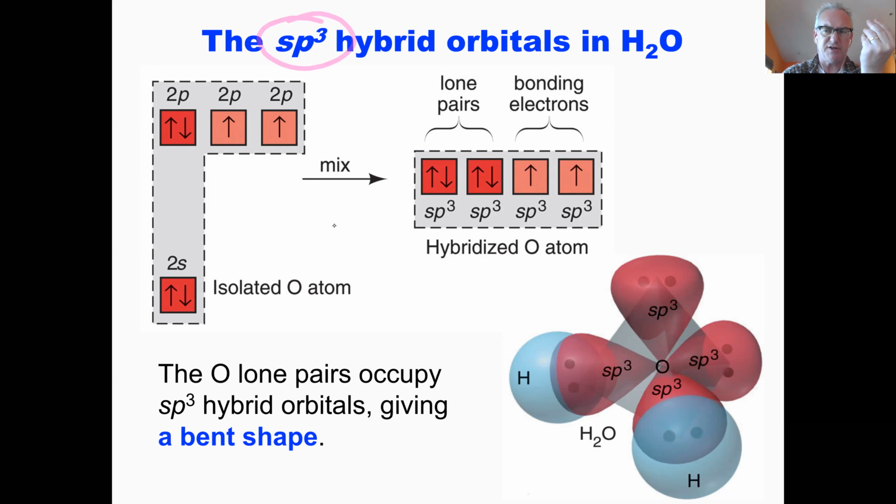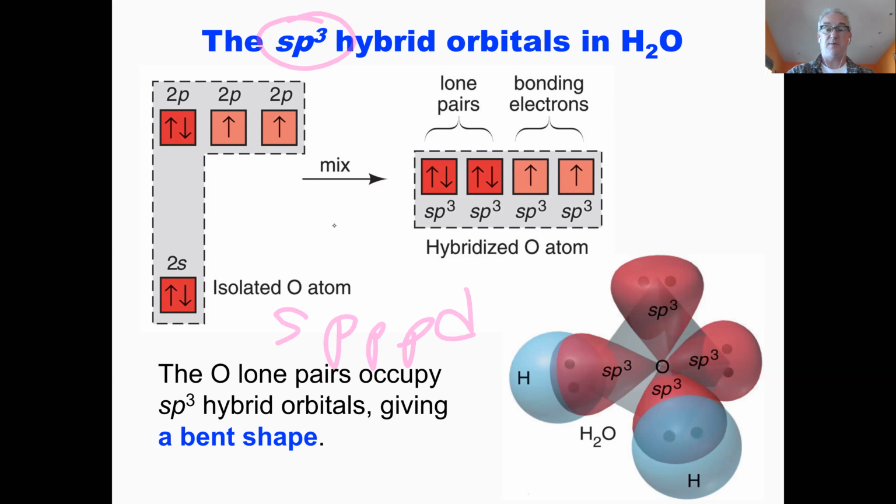It's not as hard as you think if you just go back and ask yourself, how many regions of electron density are there going to be, including the lone pairs? And then you just add up orbitals. If there's 4, then I take my s and my 1, 2, 3 p's. That's 4. If it's 5, we add a d. If it's 6, we add another one. And then you just add them together. In this instance, because we need 4, we go 1, 2, 3, 4. Oh yeah, that's sp3.